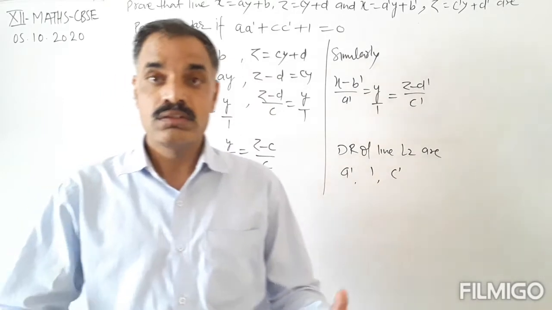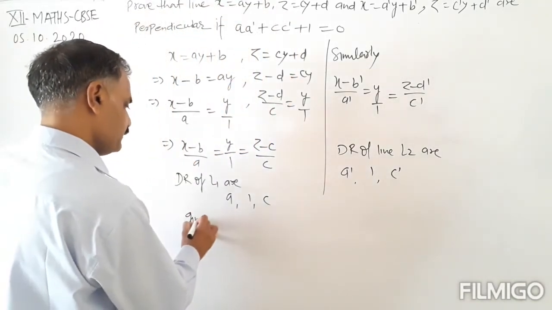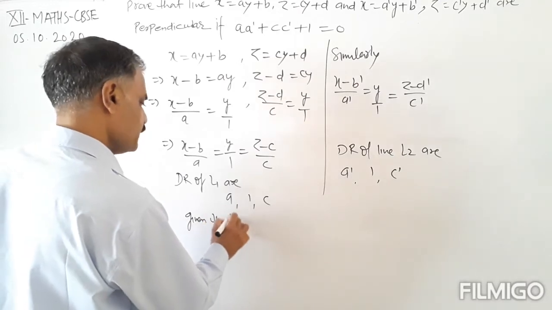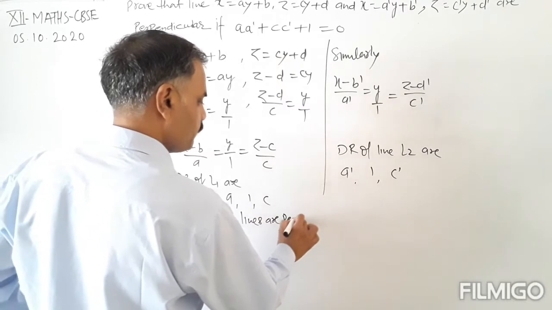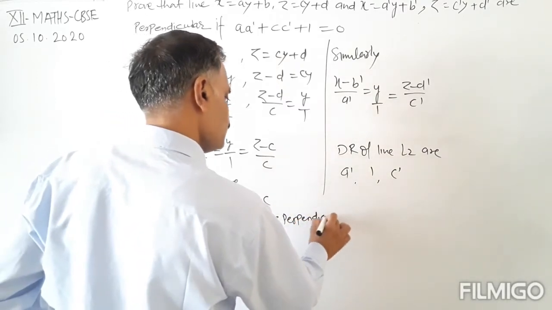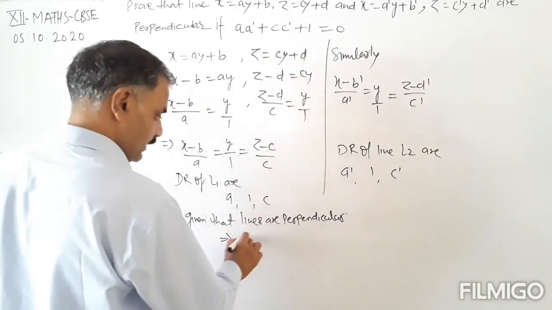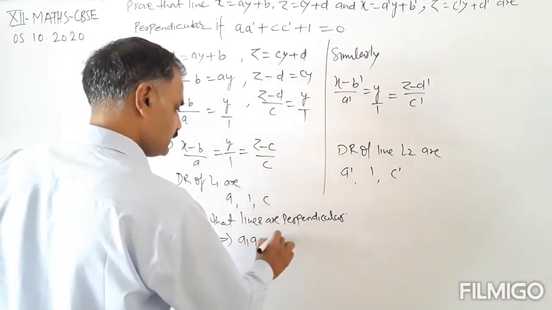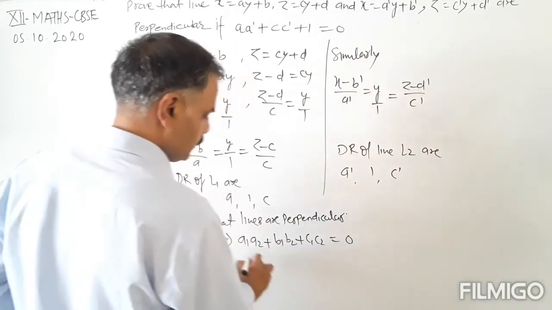Now, these two lines are perpendicular. Given that the lines are perpendicular, this implies that a1 a2 plus b1 b2 plus c1 c2 equals 0.